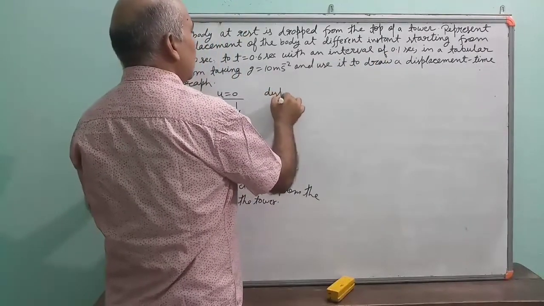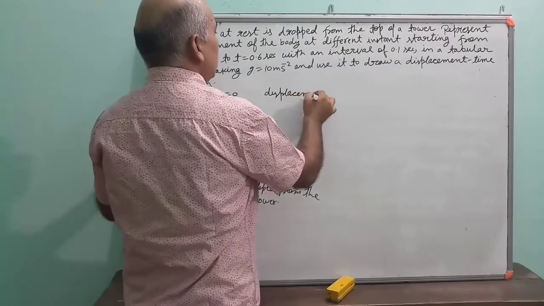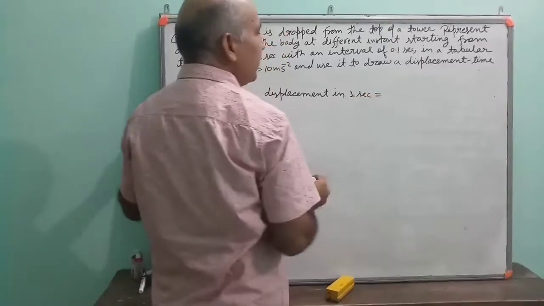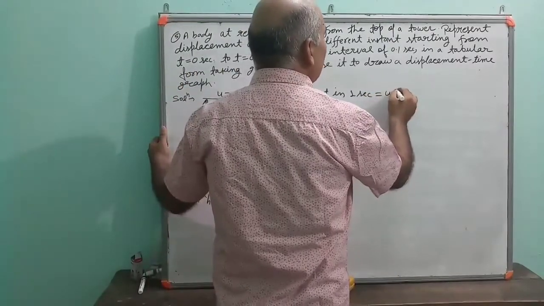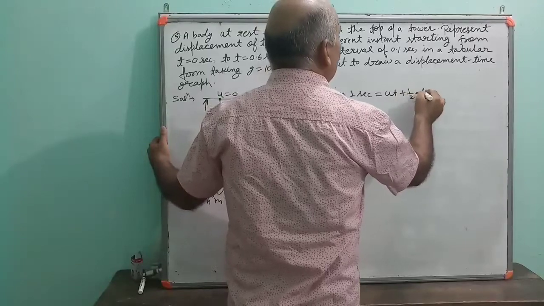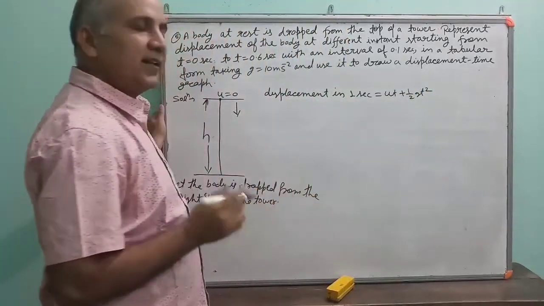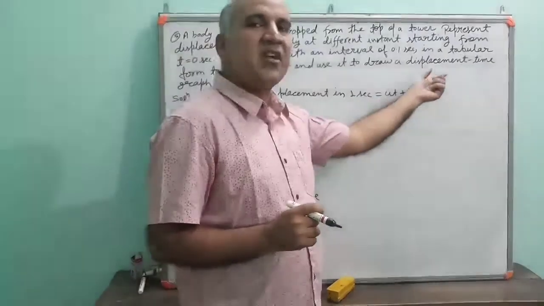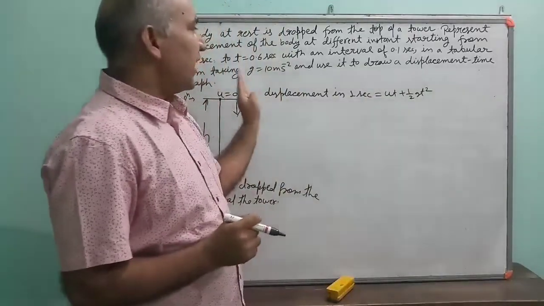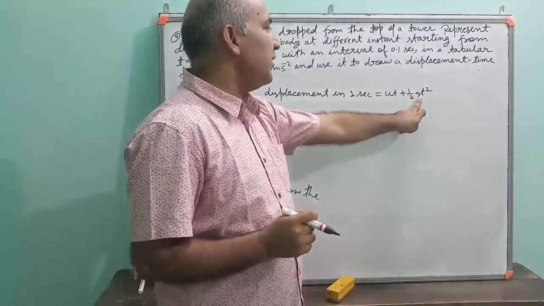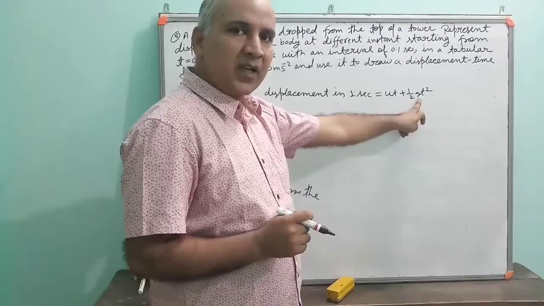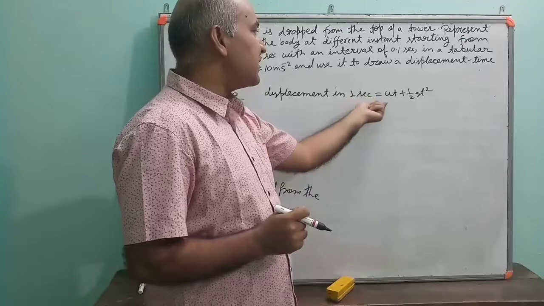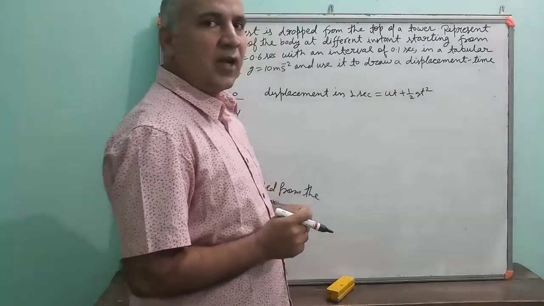So displacement will be equal to ut plus half gt square. This formula will be applied because the distance formula is s = ut + half at square. Here, in place of acceleration we will use the acceleration due to gravity. So height is equal to ut plus half gt square.